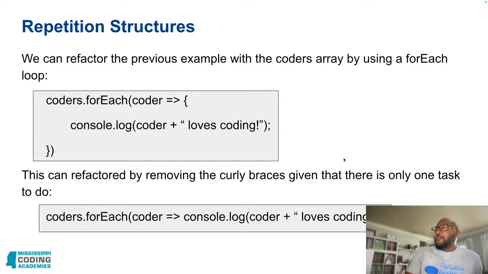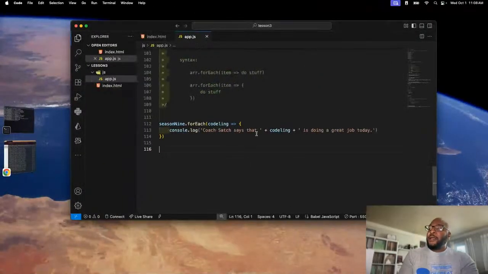Okay. Let me see if I mentioned that in here. We can refactor the previous example with the coders array, just like we just did. I said season9 dot forEach codeling, and then I console the message. And yes, we can write this even shorter, because I'm only doing one task here.